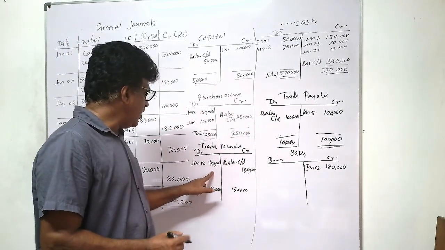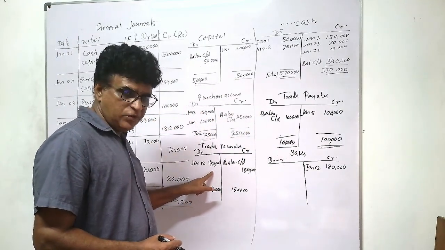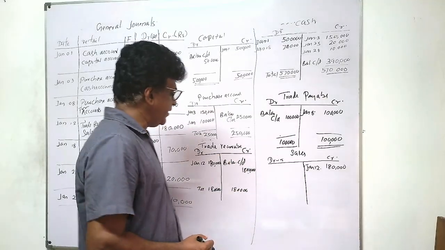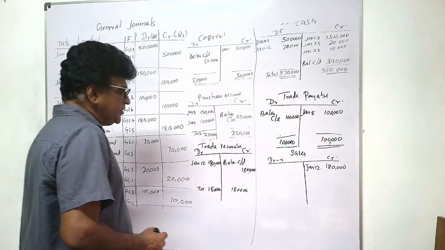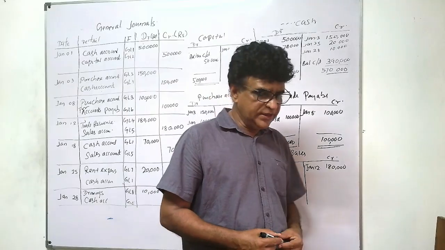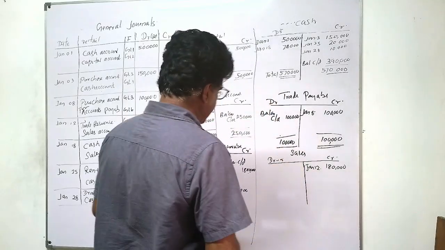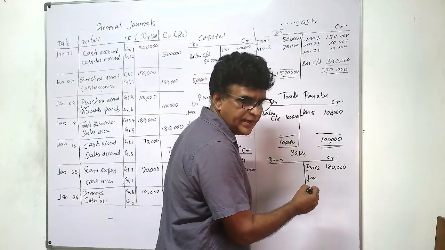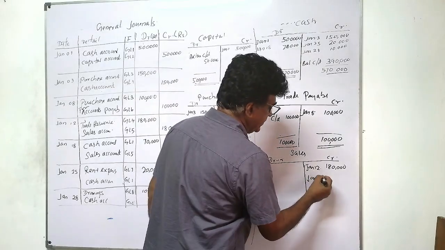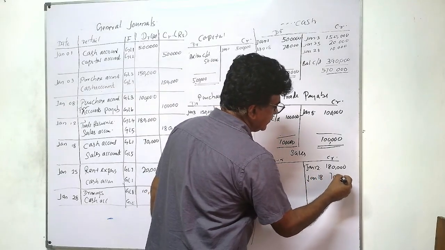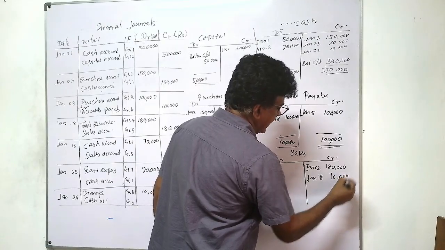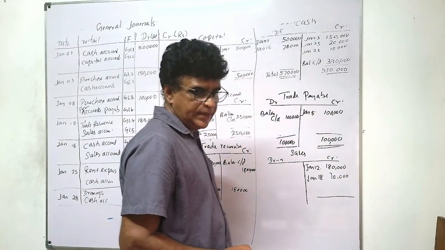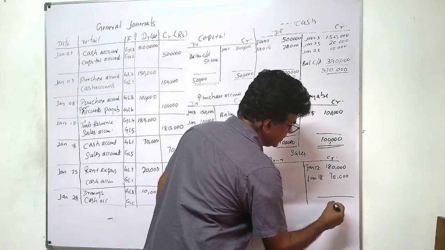The amount debited in trade receivable is credited in sales. That is normally happening, right? That is January 12th. And January 18th, there is a cash sale worth 70,000.